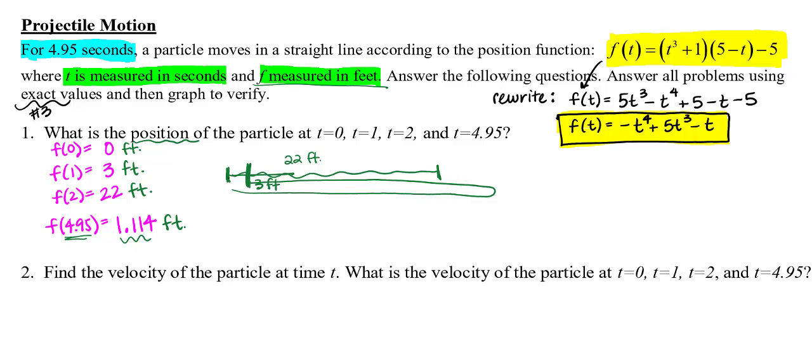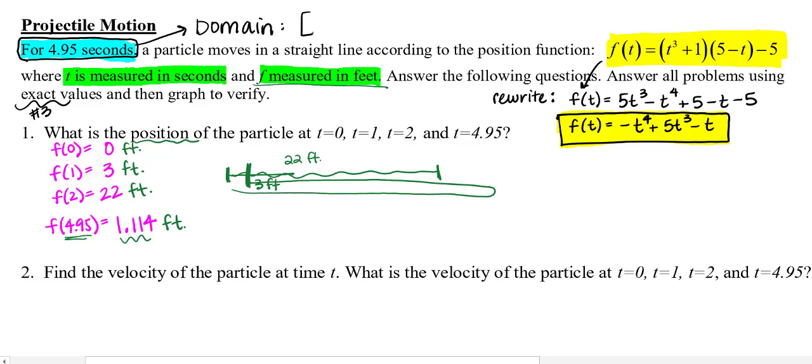Now something else is important is why are we talking about f of 4.95? That was a big part of the problem to begin with. Remember we bolded that in blue? The first part of this problem says for 4.95 seconds. Any guesses on what that tells us? That actually tells us the domain of my entire problem.